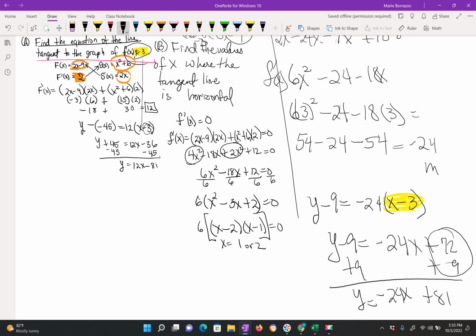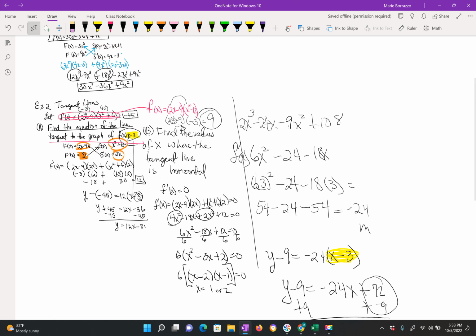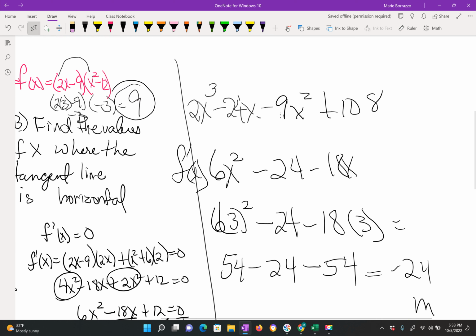So I have a question. How did you get the top f of x, 2x cubed minus 24x minus 9x squared plus 108? Because I have a different equation, but I have the same answer, m equals negative 24. So we use the 2x minus 9 times the x squared minus 12.